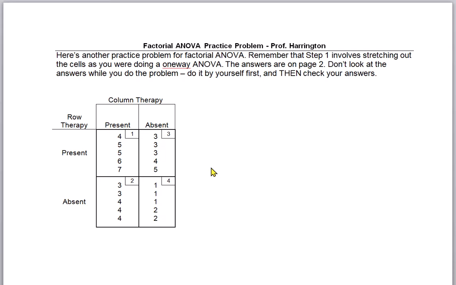Larger designs where you have more than two variables get very complex very quickly, and it becomes very difficult, cognitively, to understand the meaning of what the interaction terms mean when we have multiple independent variables.